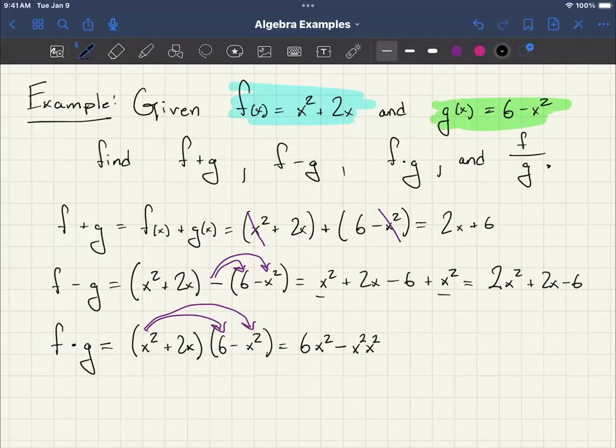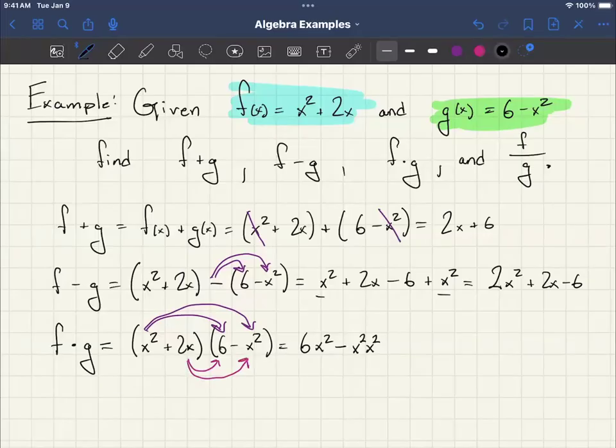We'll do this twice so that we can see the algebra behind it, because sometimes people get tripped up, and that's understandable. Yes, and there is a minus sign. Notice I put that in there because we have x squared times minus x squared.